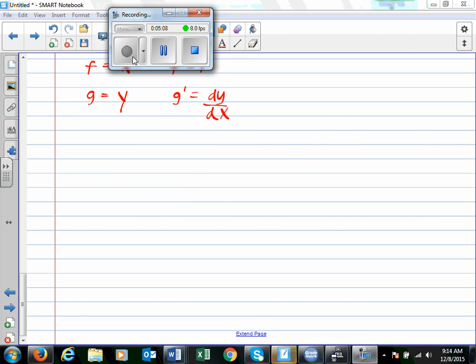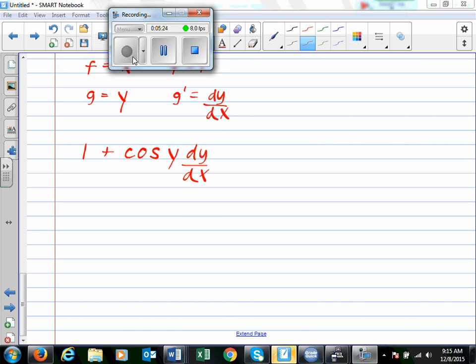Now going back to the original equation, you get 1 plus cosine y dy over dx equals your product rule. So please see if you understand this step. The left-hand side has the derivative of that, and the right-hand side uses product rule.